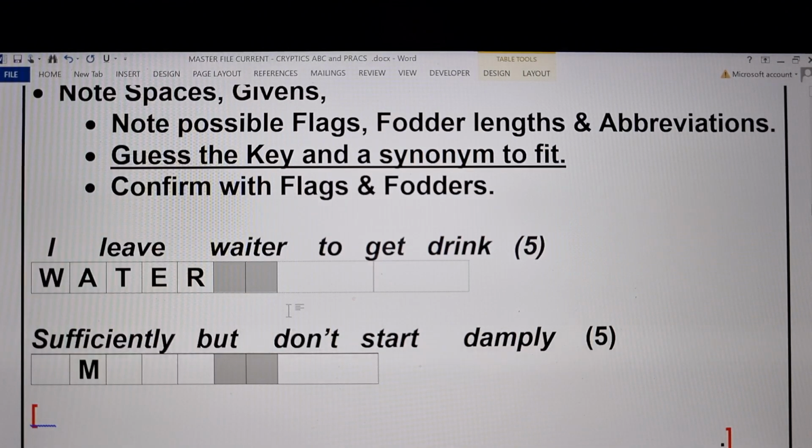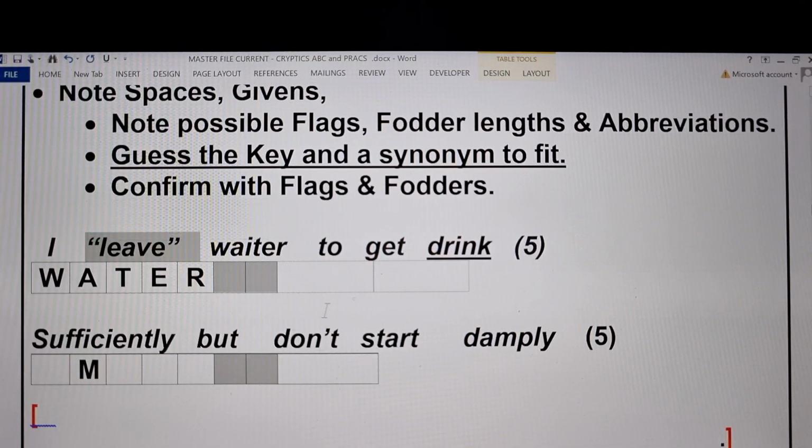But now you prove it. We've accepted that drink is the key. And we say, if that's the key, how do you get it? There's the omission flag, which of course we saw at the start, but I didn't say anything about it because I wanted to go straight to the key.